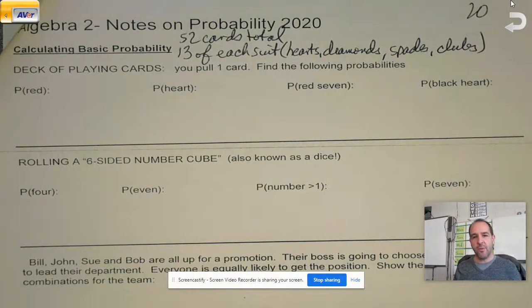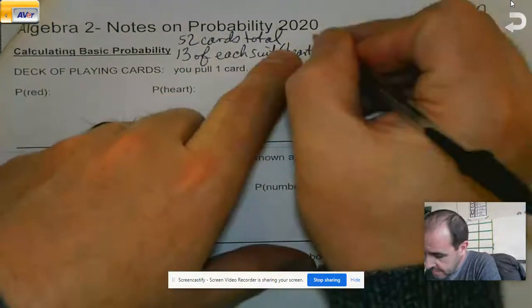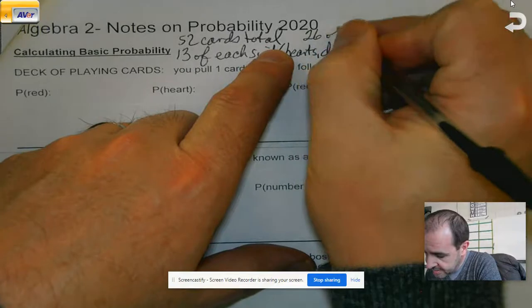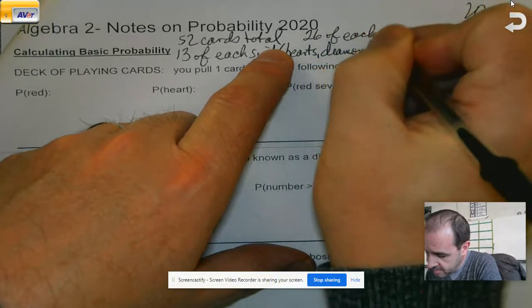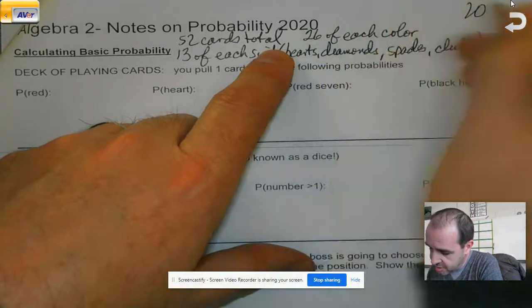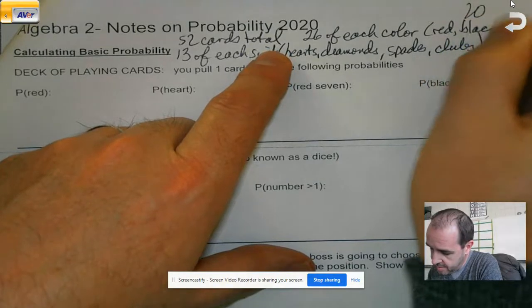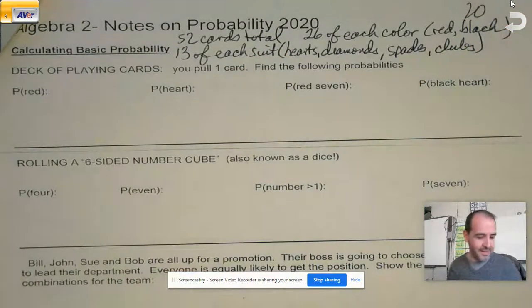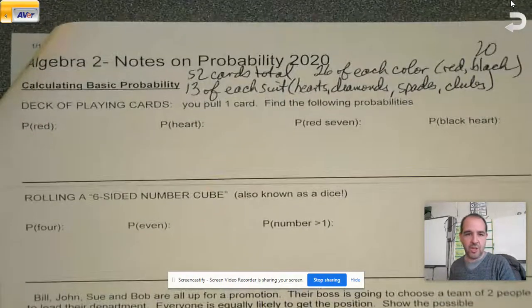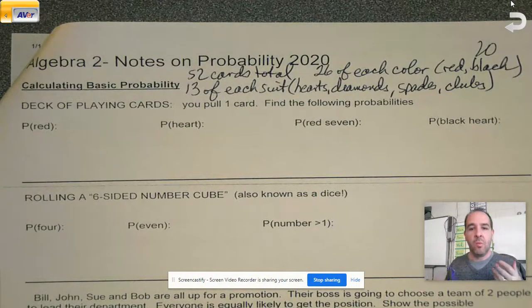The other thing we want to keep track of here is that there's 26 of each color, and there's two colors, red and black. And the last thing, this might be overkill, but when there's 13 of each of the suits, you're like, okay, so what are those 13?